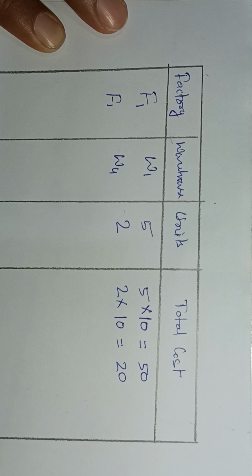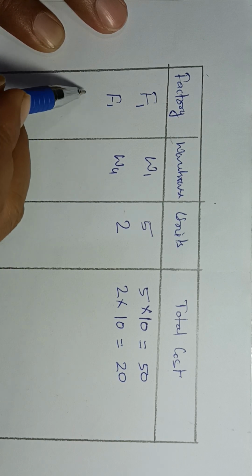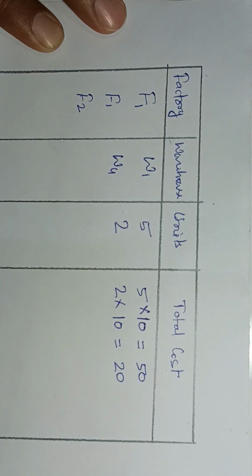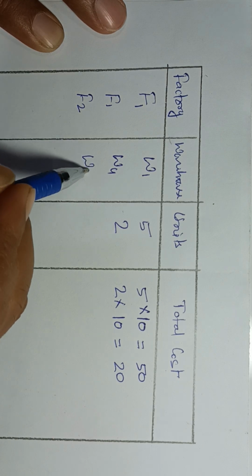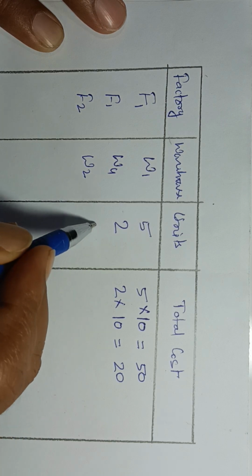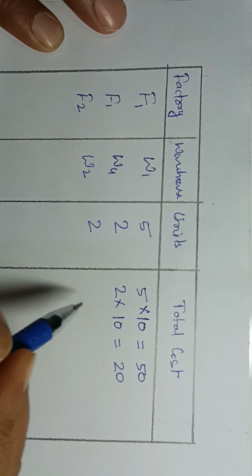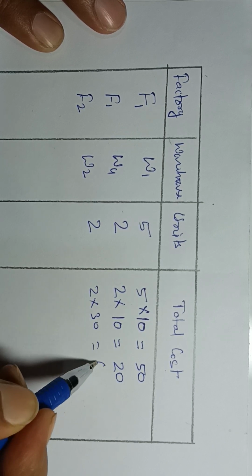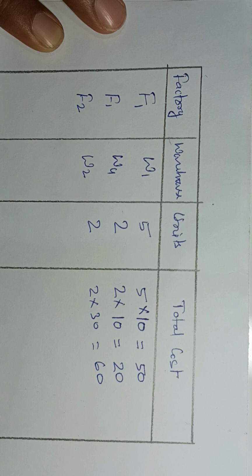and then F2 to W2, 2 units, and this is 2 into 30, total 60.